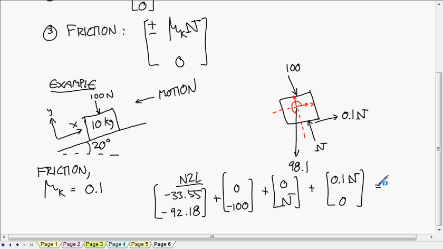And the mass is 10. The acceleration is a, 0. All right, so now we have to solve a system of two equations for two variables.